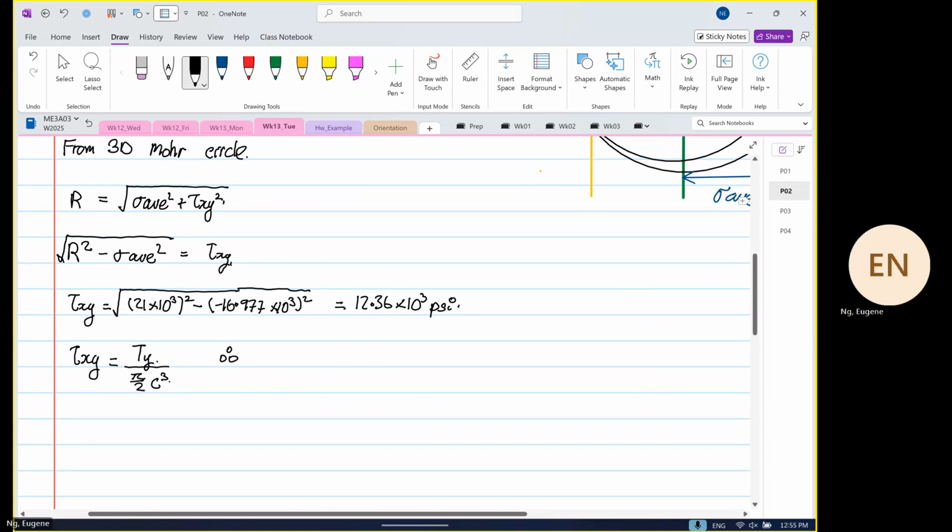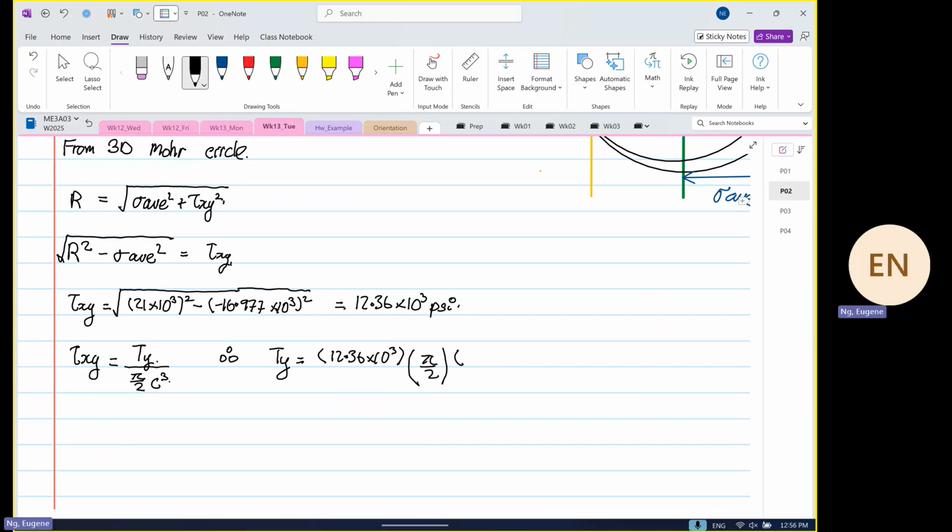Therefore, the torque in the y direction is 12.36 times 10 to the power 3, multiplied by pi over 2, multiplied by C, which is 0.75 cubed, and that is equal to 8.191 times 10 to the power 3 pound-inch.